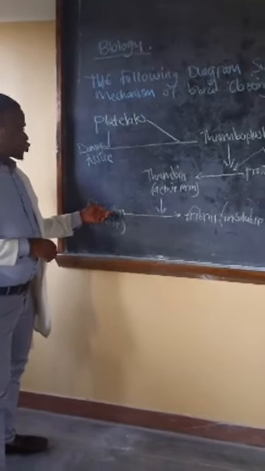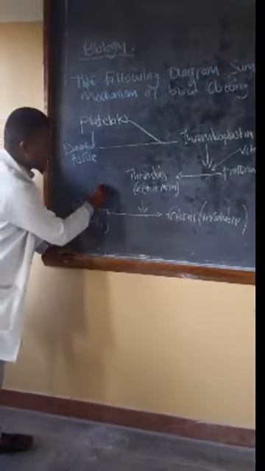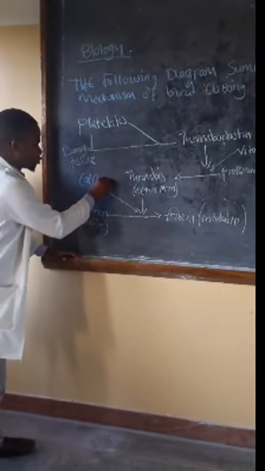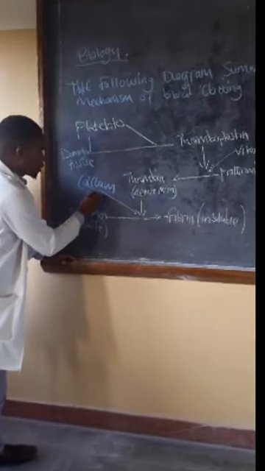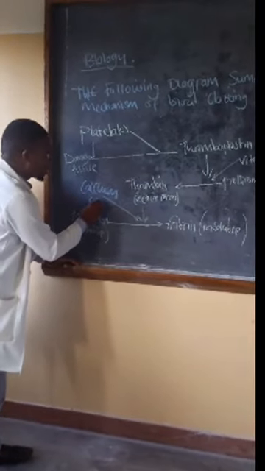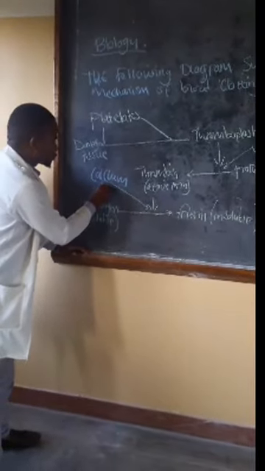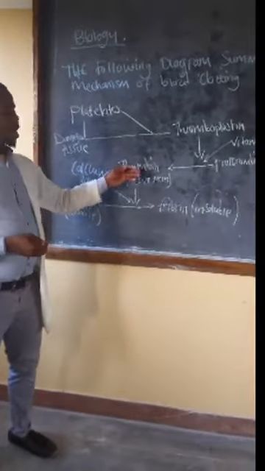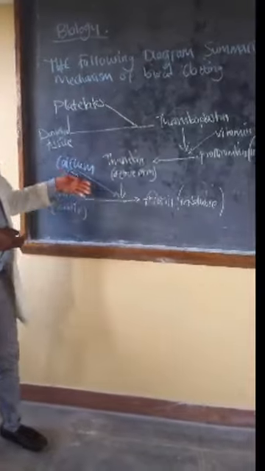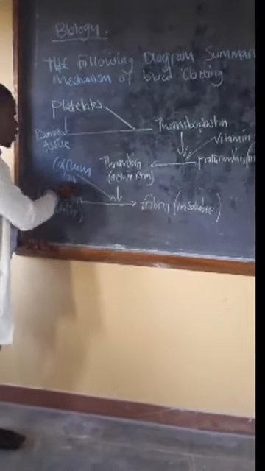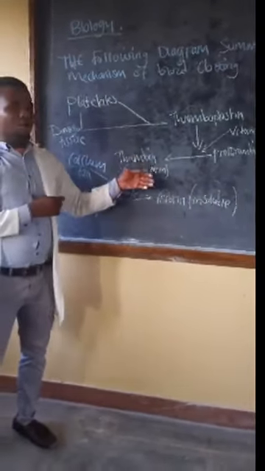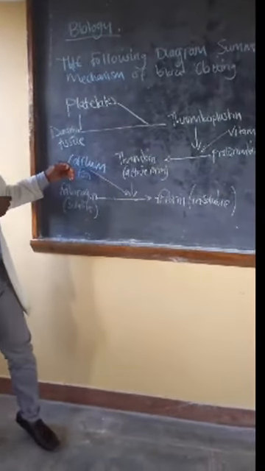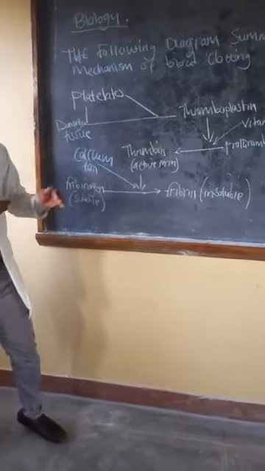This will only be done in the presence of calcium ion. So this thrombin will act on another plasma protein in the presence of calcium ion. If there is no calcium ion, this thrombin cannot act on another plasma protein.